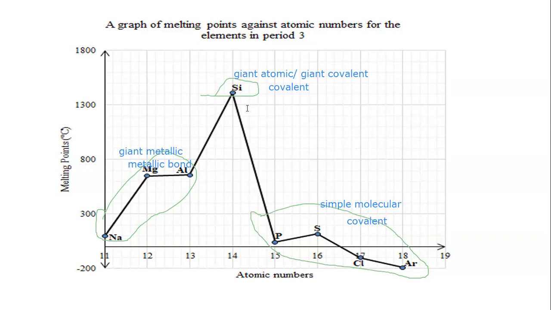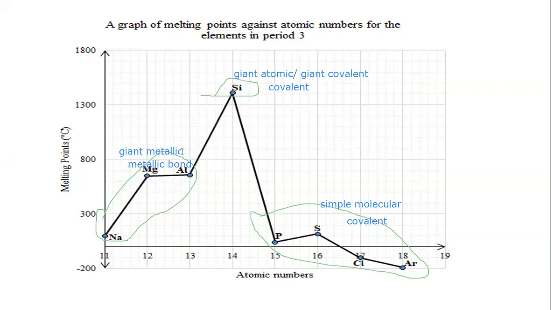So you need to know the structures and the type of bonding and their arrangement. Then after knowing the type of bond, you need to know the factors affecting the strength of that bond.